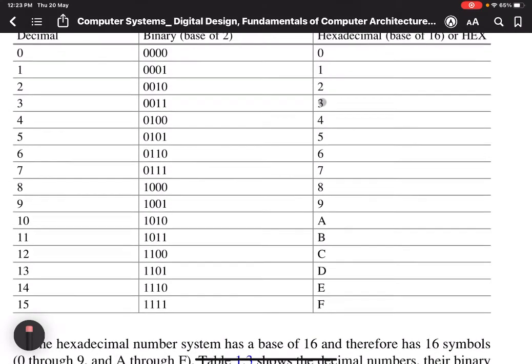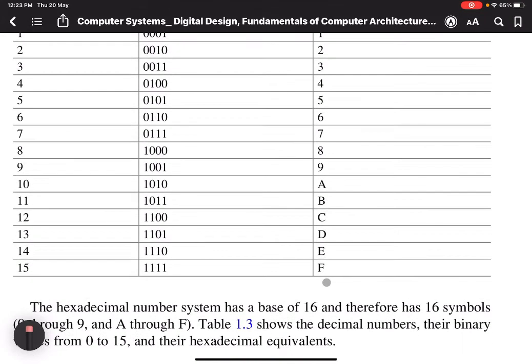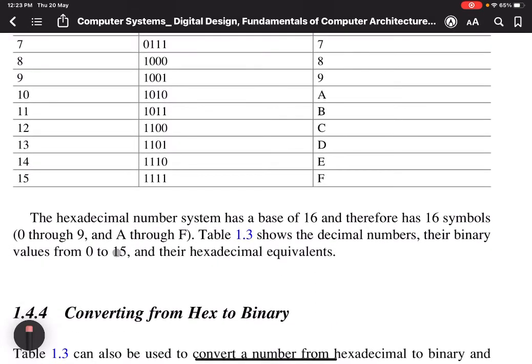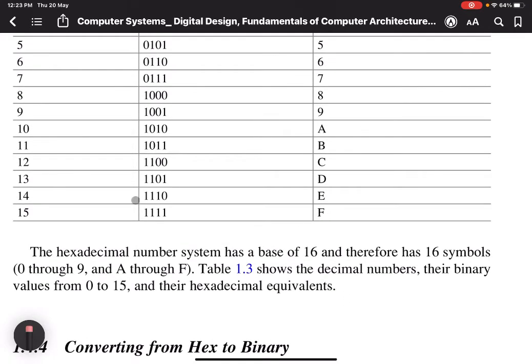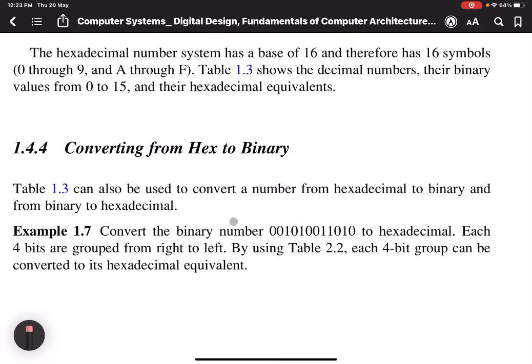You can see here above, from 0 to F. So 0 to 9, A to F. Table 1.3 shows the decimal numbers, their binary values from 0 to 15, and their hexadecimal values. For example, F has a binary equivalent of 1111 and a decimal equivalent of 15. Okay? So how do we convert hex to binary?